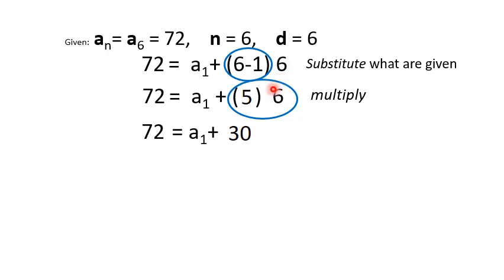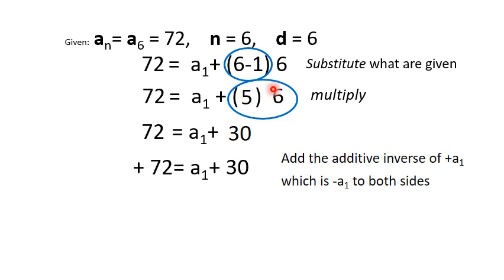Then, we are going to eliminate a sub 1 in the right side of the equation. So, ang gagawin natin, we're going to add additive inverse of a sub 1. Okay, additive inverse of a sub 1 is negative a sub 1.